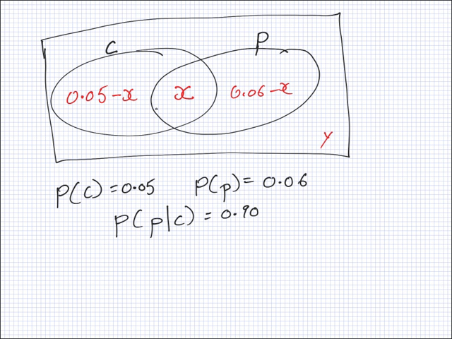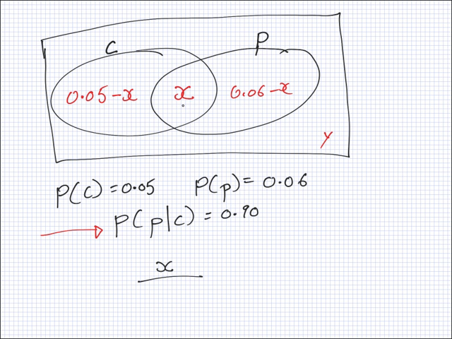We can say that the total here adds up to 1. And I've not used this piece of information yet. According to the formula I gave you a moment ago, this is the probability of pneumonia and cystic fibrosis, which is x, over, and then what do I put in the denominator here? Cystic fibrosis, which we actually know.